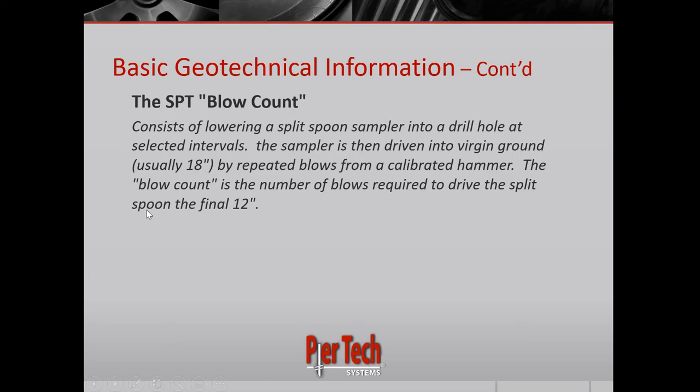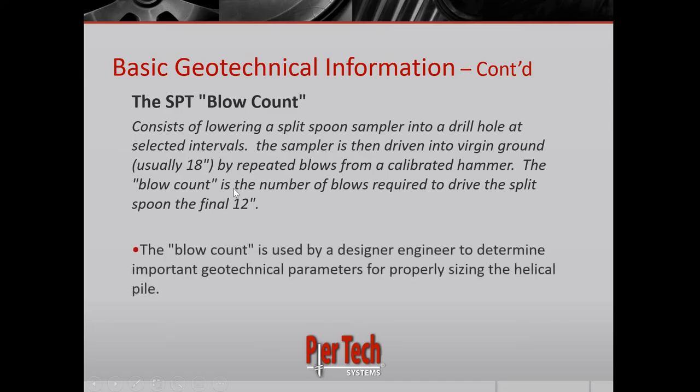Generally, the higher the N value, the denser the soil material you're going into. This is something the designer will use to empirically relate the capacity of the soil to properly size the helical pile bearing plates. So it's really critical information that we look at as helical pile design professionals in indicating how deep the pile will go.